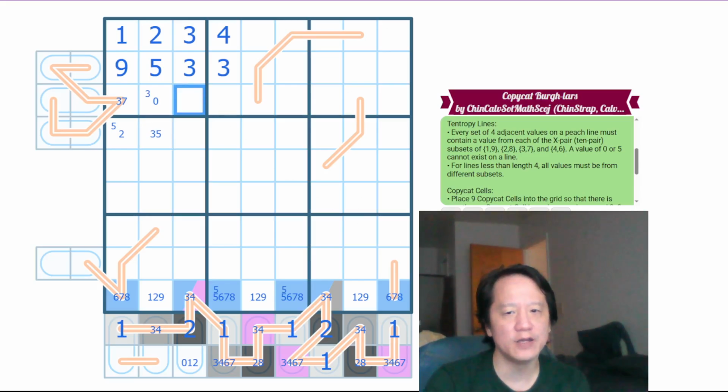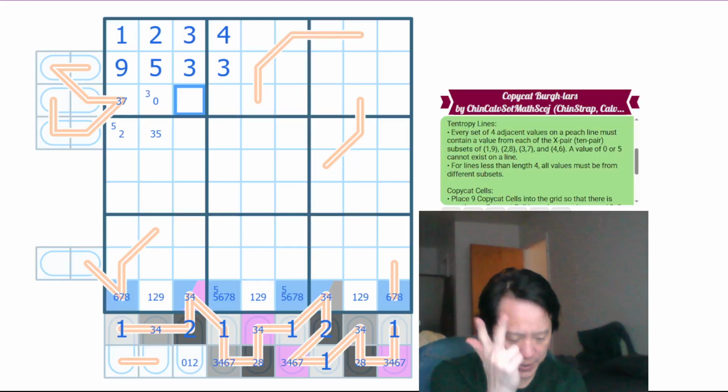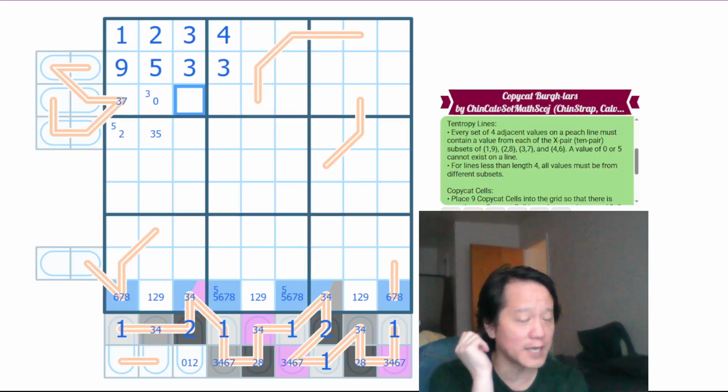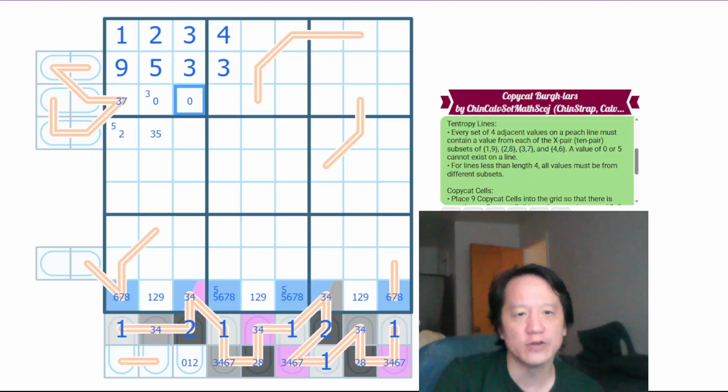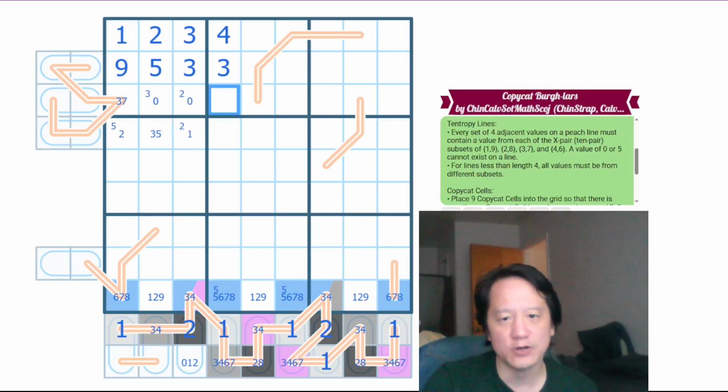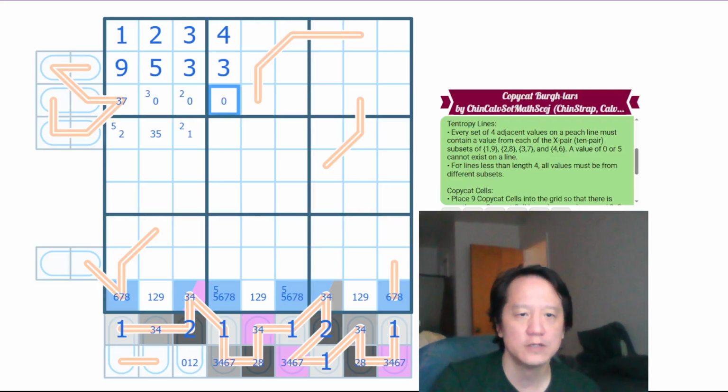For 3, we have 3, 9, and 9. We know it cannot be a teen because all the teens are accounted for by 5 through 8. So the lowest value here is 20, and it can get up to at most 21. And for 4, the lowest value again is 20, and the most it could get is 22.